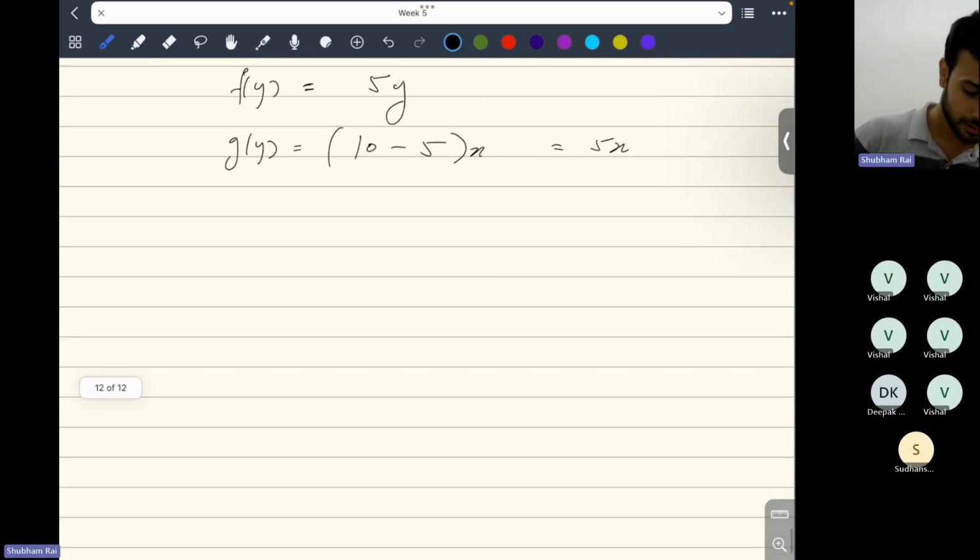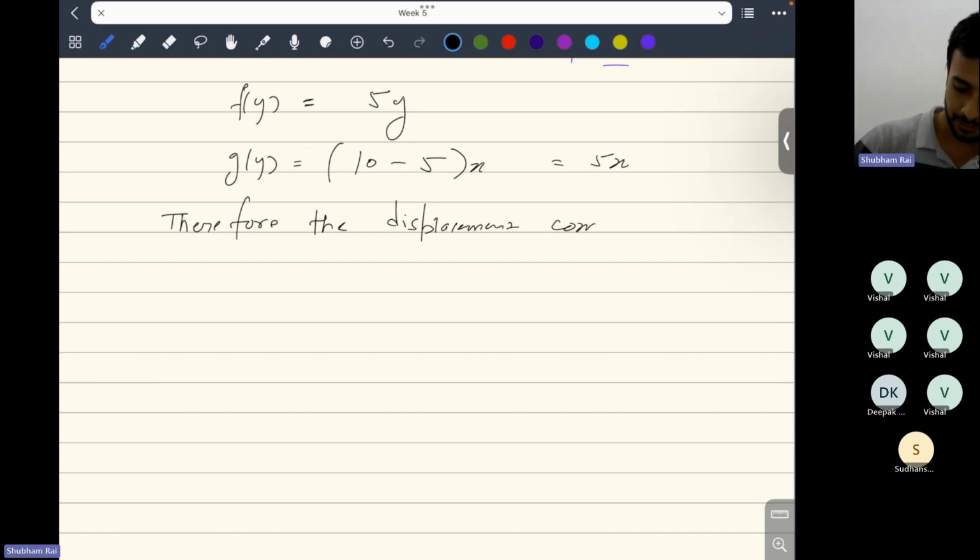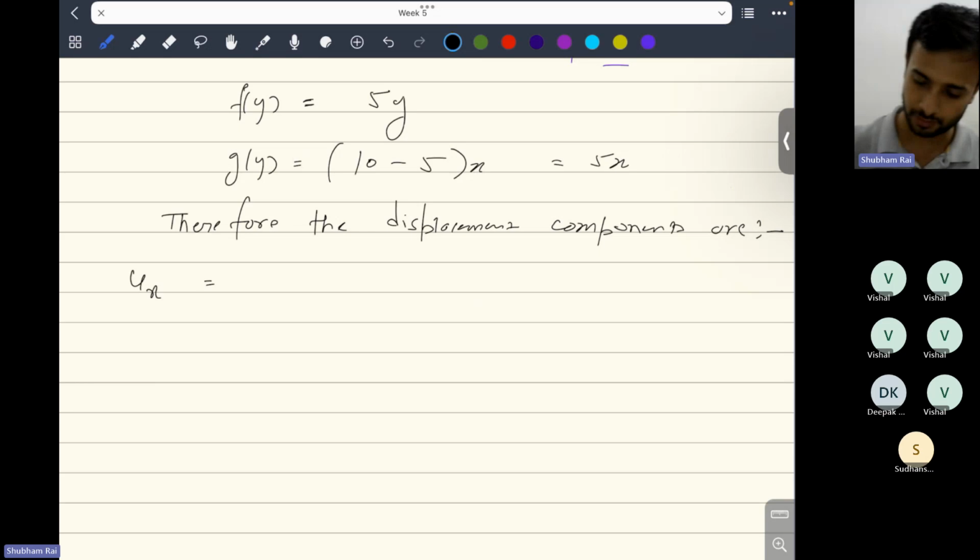Okay. So you can put in the expressions of ux and uy. Therefore, the displacement components are ux is equal to, just wait a minute.